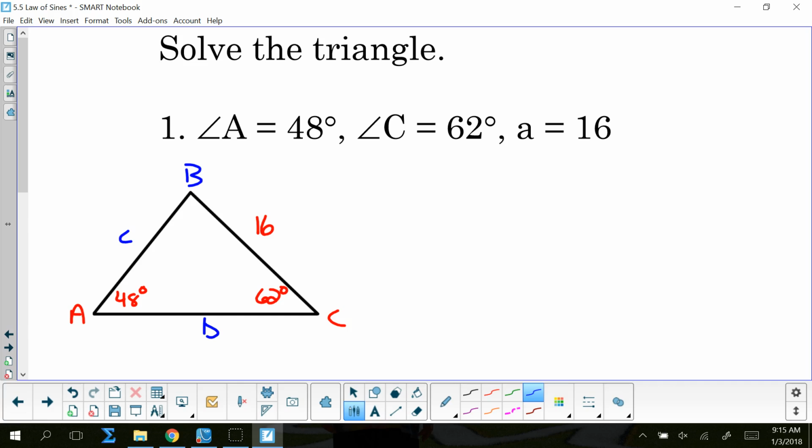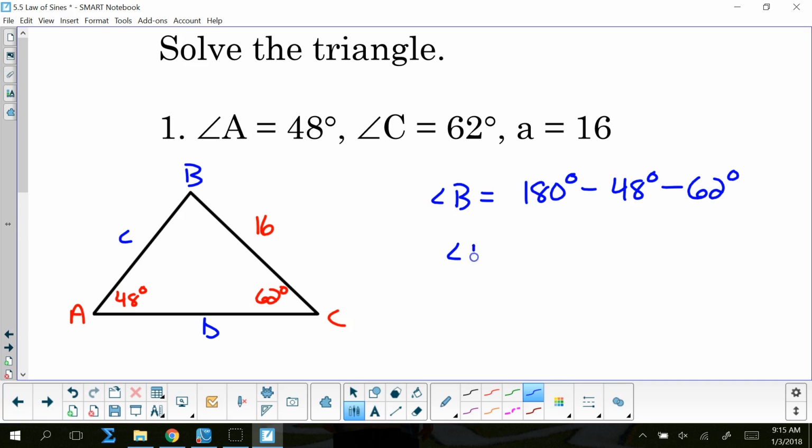Angle B. Angle B? How are you going to go about finding angle B? 180 minus the other angles. Okay. And just make it positive. Well, won't it always be positive though? Yeah. Okay. If you do 180 minus 48 minus 62, because the 3 angles have to add up to be 180 degrees, you should always be positive.